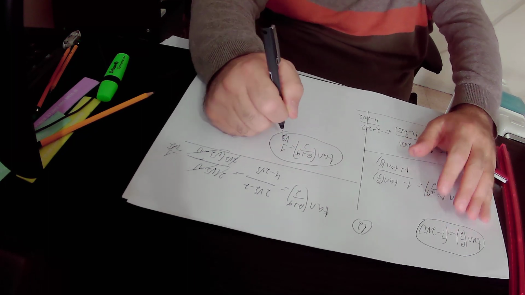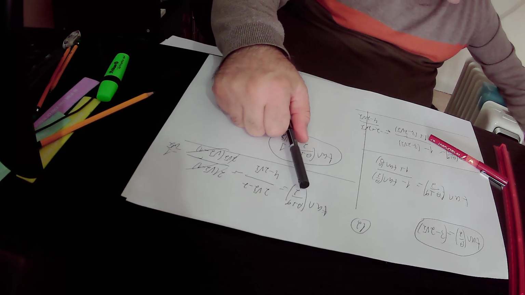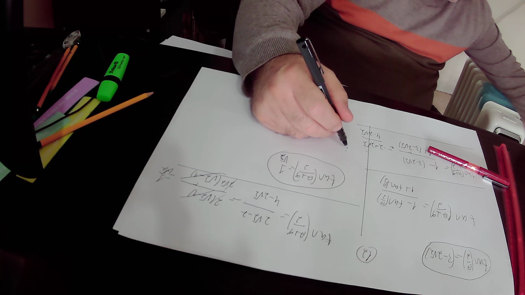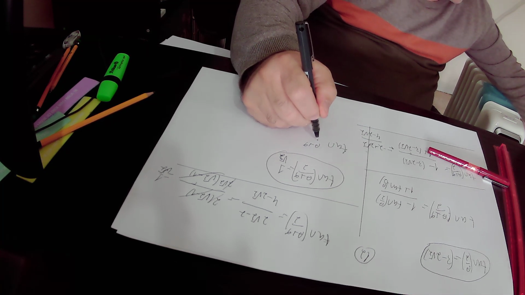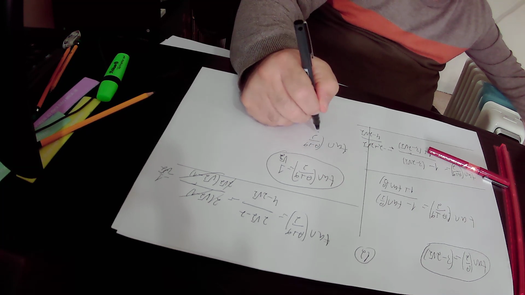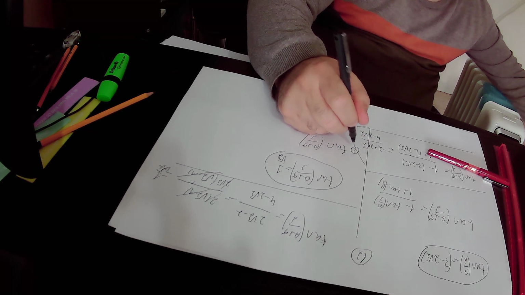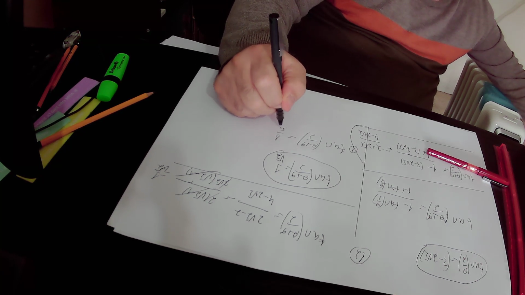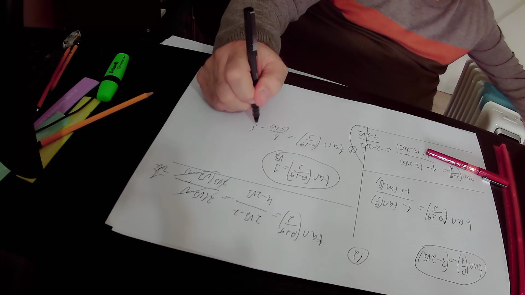Now we will return to equation number 3. According to equation number 3, we have already found out that tangent theta plus alpha over 2 is equal to h over 5 plus x, that equals 5 over h.